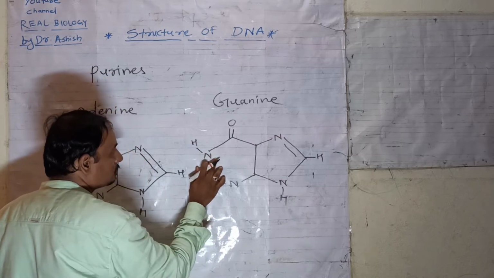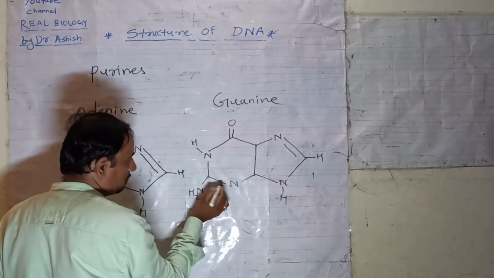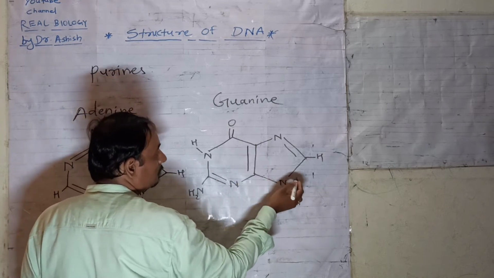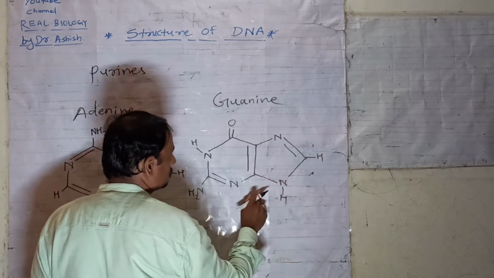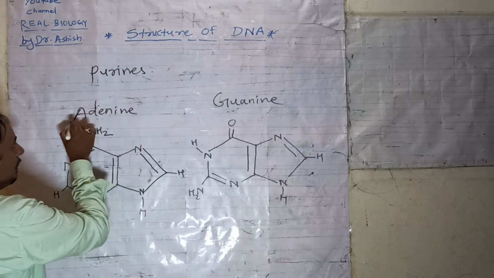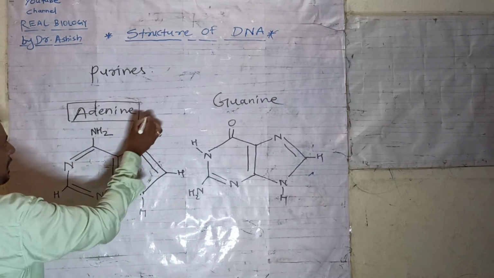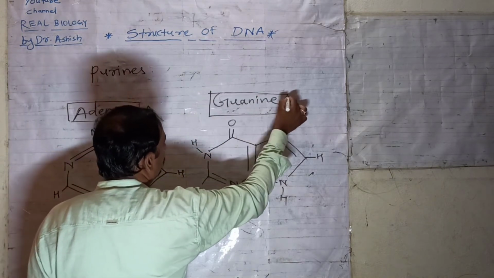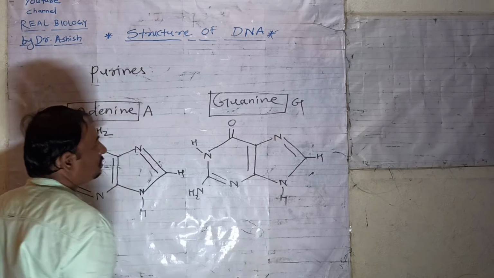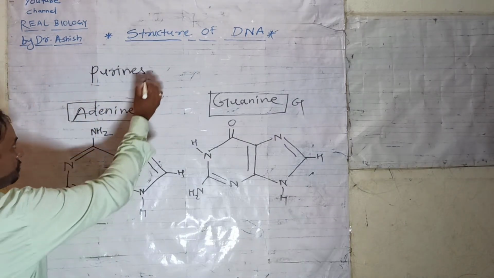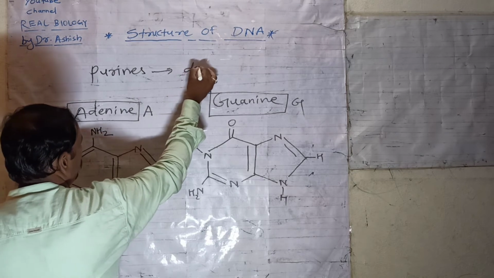The ring nitrogen has a hydrogen atom outside, and there is a double bond. This is the complete structure of guanine. So this is the first purine, adenine, denoted as A, and this is the second purine, guanine, denoted as G. These are the two purines in DNA, which are double ring structures.